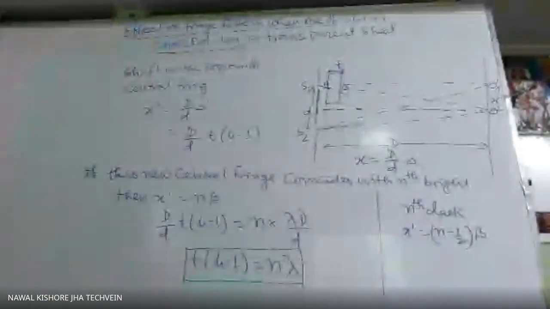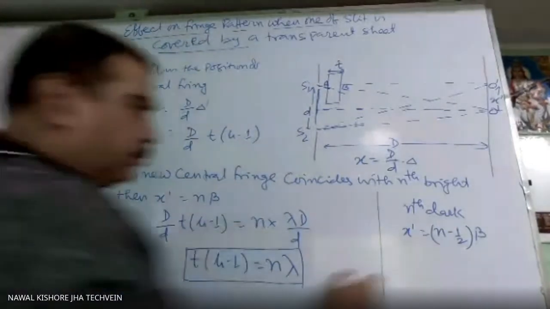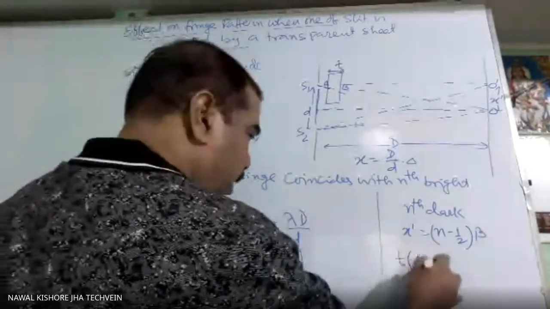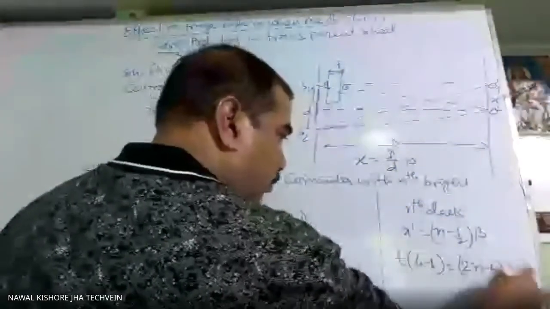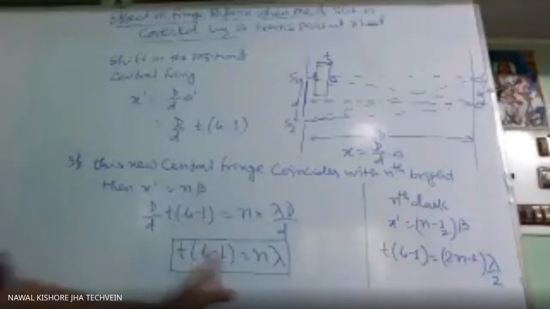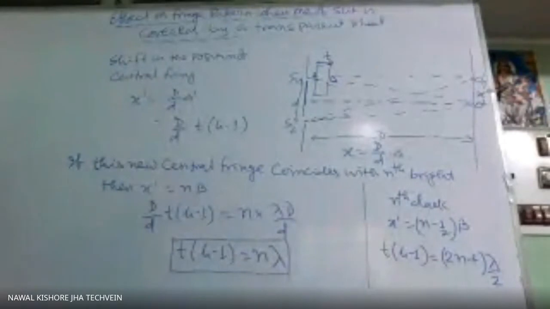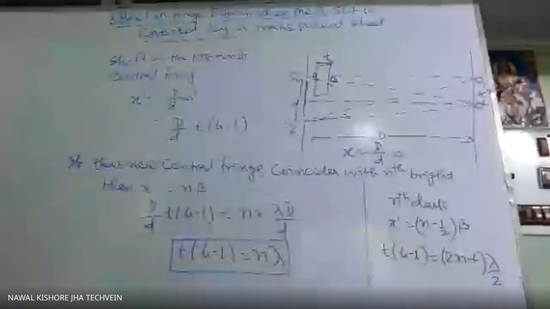So naturally it will come n minus half, that is 2n minus 1. So in this case, t (mu minus 1) will become (2n minus 1) lambda by 2. So these are the two relations. These two formulas you have to keep in mind. Derivation is never asked in board, and is not important for competitive exams. So only these two formulas we have to know.